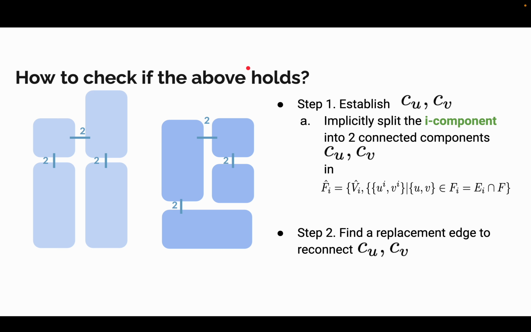So how can we check whether a replacement edge exists? All right, so there are two steps here. The first one is to establish CU and CV.